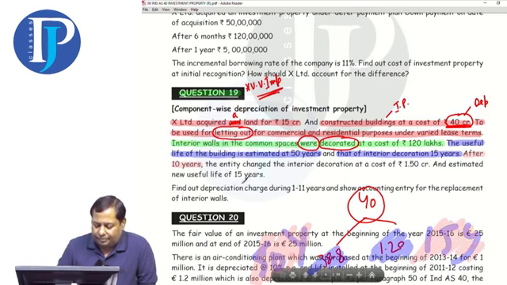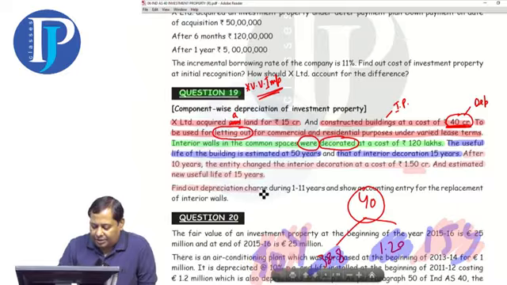After 10 years, the entity changed the interior decoration at a cost of 1.5 crore. The old interior was removed and a new interior was constructed for around 1.5 crores. There was a replacement. We will remove the old and bring in new. Component-based accounting will be followed here because both lives are different. And estimated a new useful life of 15 years. New decoration has a life of 15 years.